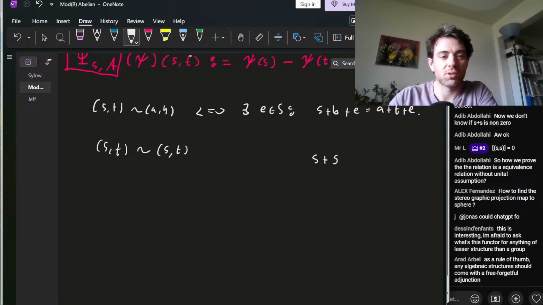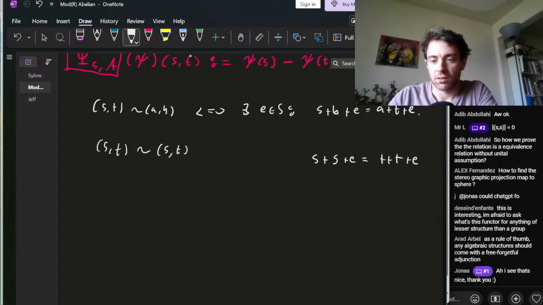Right, it should be S plus T plus E is equal to T plus S plus E. Is that true? Did I do this correctly? Right.